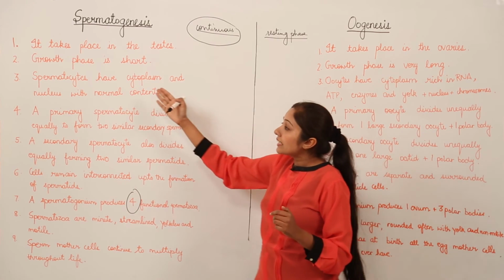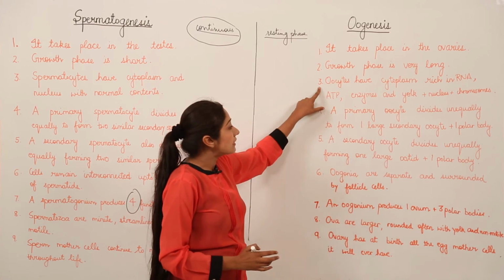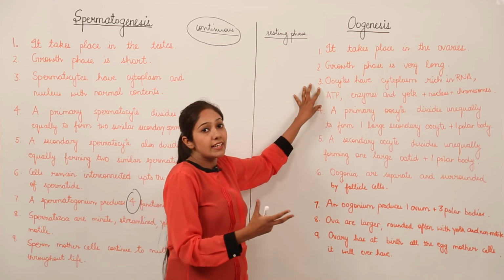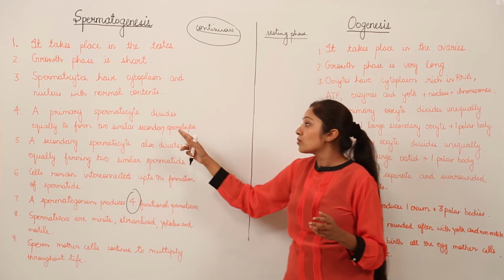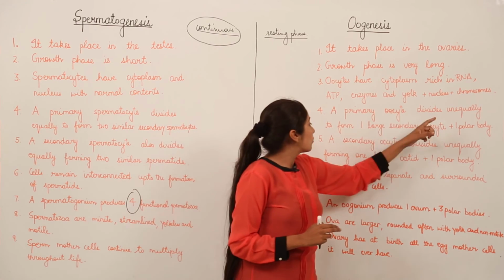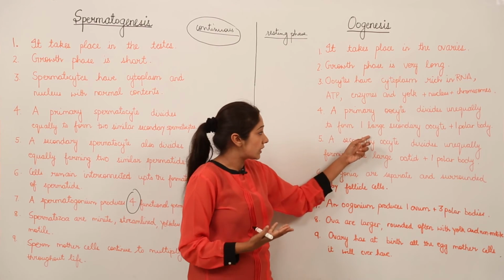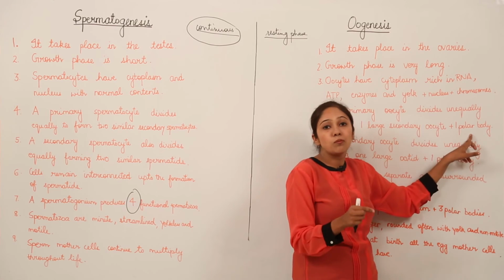Spermatocytes have cytoplasm and nucleus with normal contents, but oocytes have much more content. A primary spermatocyte divides equally to form two similar secondary spermatocytes, but a primary oocyte divides unequally to form one large secondary oocyte which is functional plus one non-functional minute polar body.